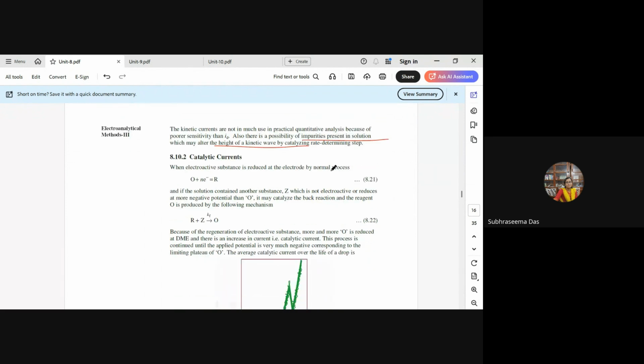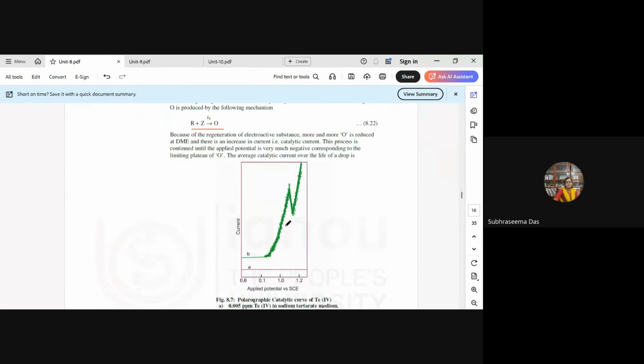So when an electroactive substance is reduced at the electrode by the normal process, that is O plus ne⁻ forming R, and the solution contains another substance, Z, which is not electroactive or reduces at a more negative potential than O, then it may catalyze the back reaction, and the reagent O is produced by the following mechanism, that is R plus Z forms O. Now, because of the regeneration of the electroactive substance, more and more O is reduced at the DME, and there is an increase in current, that is the catalytic current.